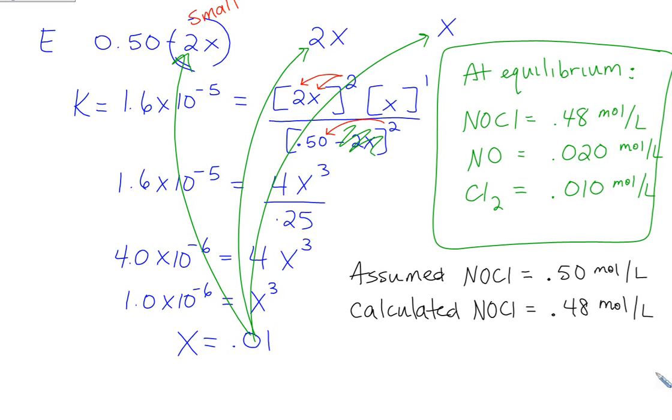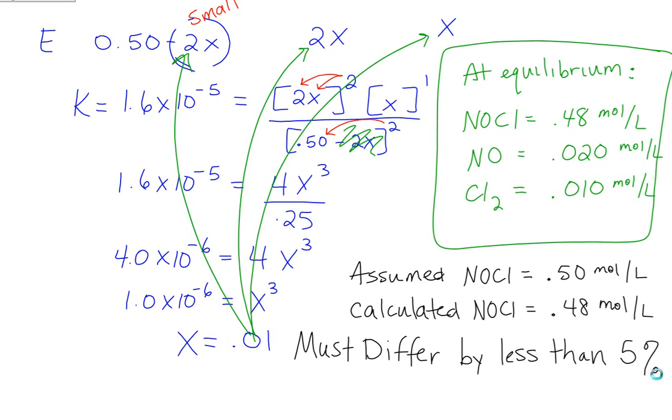Then you do a quick check, and you do want to check this. I assumed the concentration was 0.5 when I did my calculation. Once I actually calculated it, I get 0.48. These guys must differ by less than 5%.